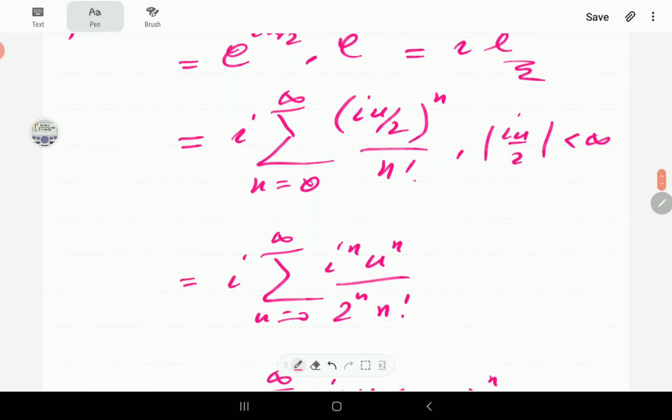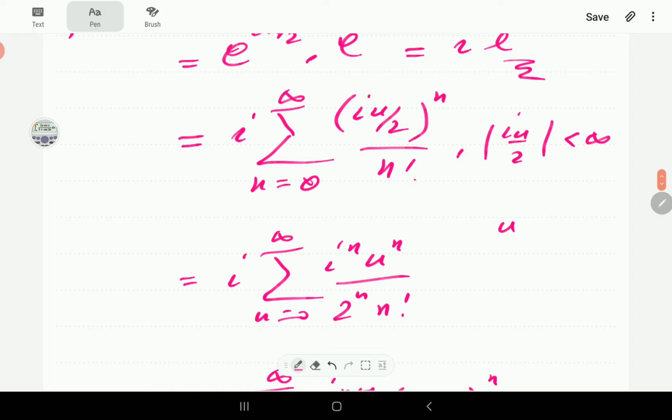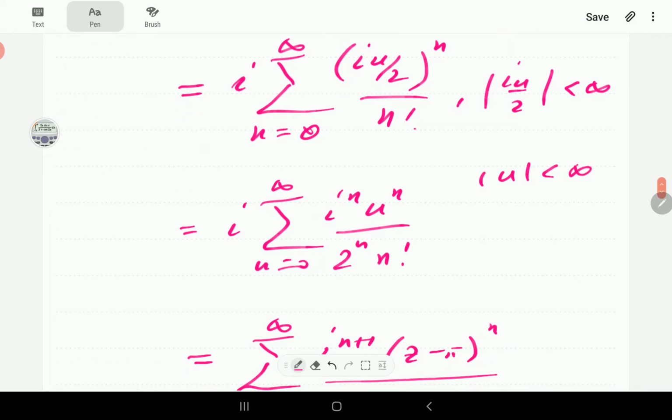This thing, of course, is going to give us magnitude of u is less than infinity, which in terms of z is magnitude of z minus pi less than infinity, which is exactly the same result as we got before.